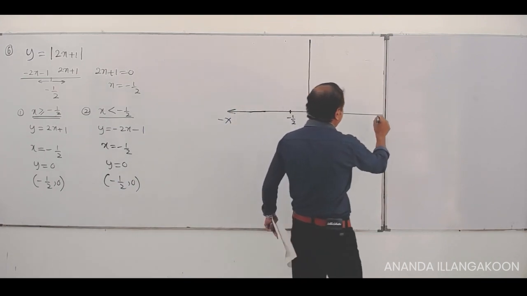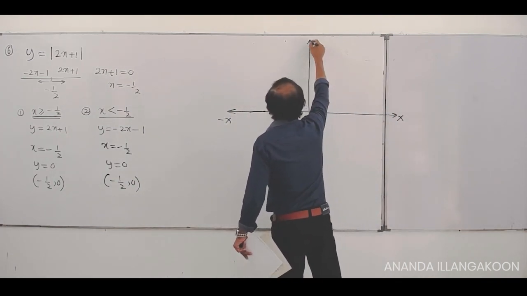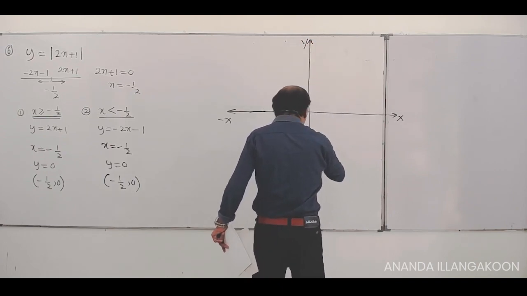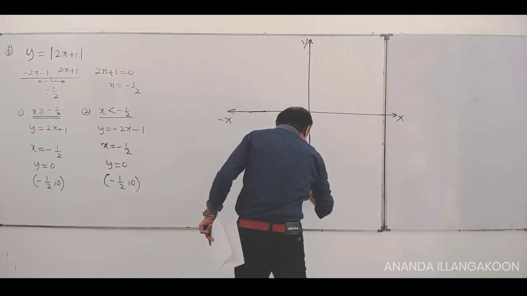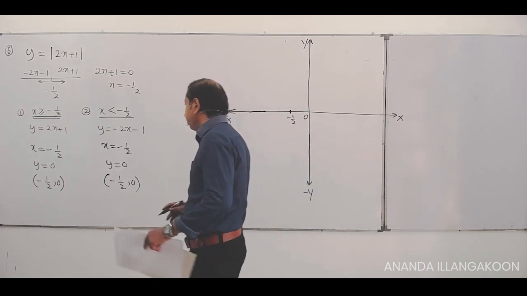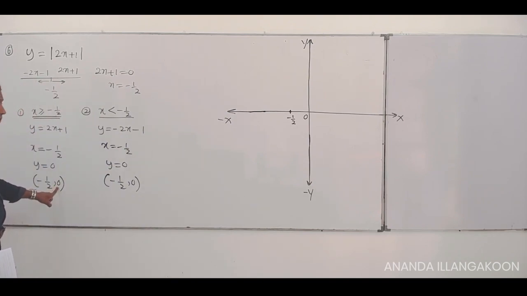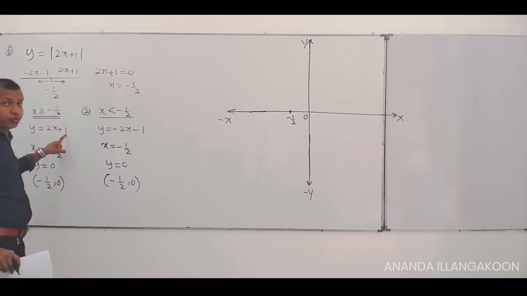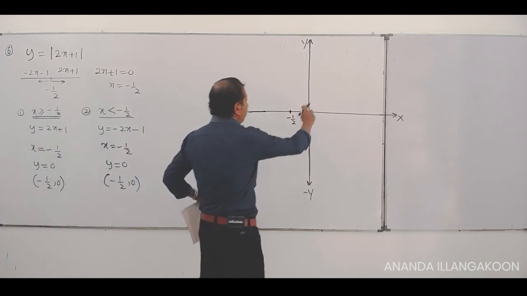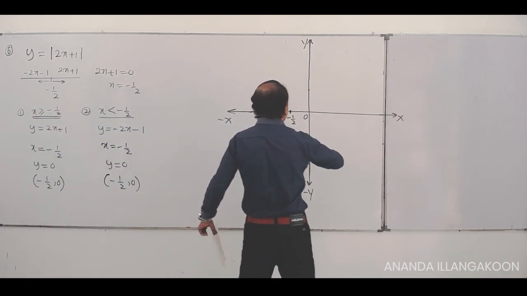Here the positive x-axis. Positive y-axis. Negative y-axis. This is the origin. Here minus half, 0, 1 point. Intercept is 1. Intercept means the point where the graph cuts the y-axis.